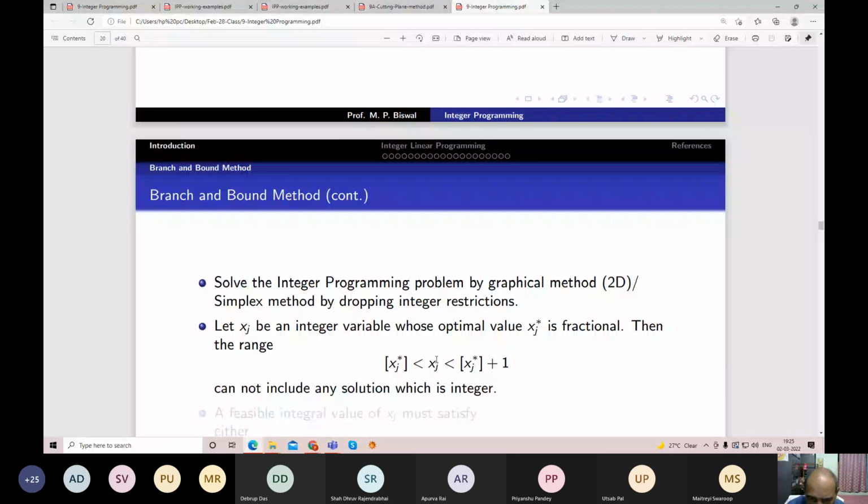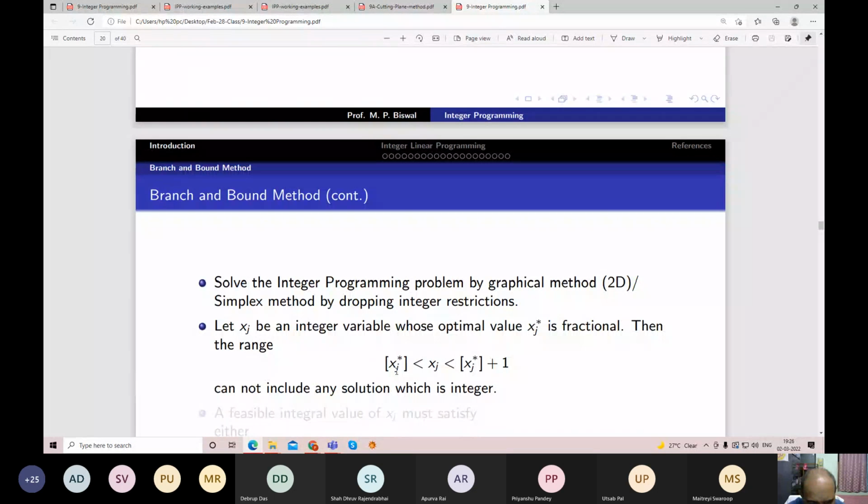So xj less than or equal to 1 plus 1, that is 2, and xj greater than 1. So xj lies between 1 and 2: xj less than 2 and greater than 1.